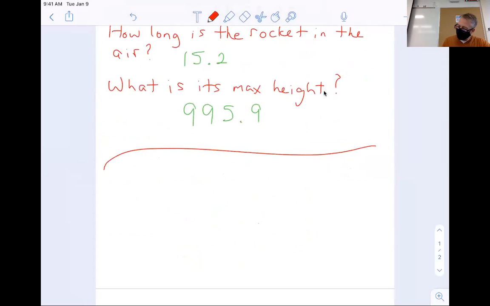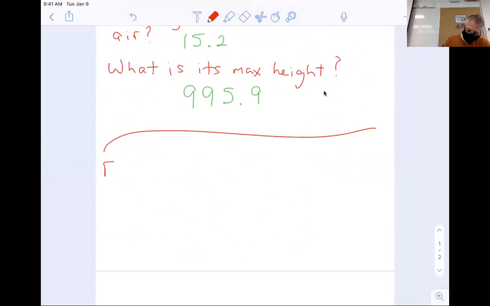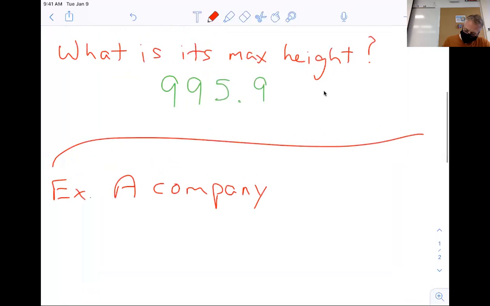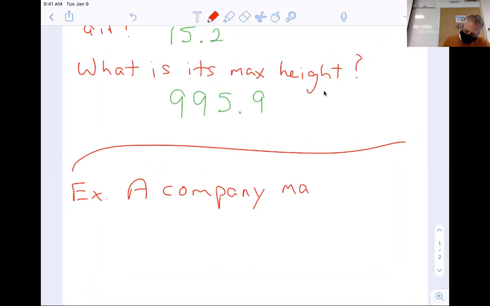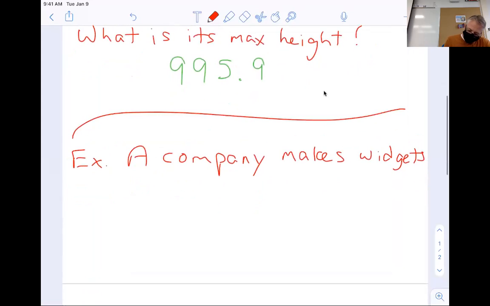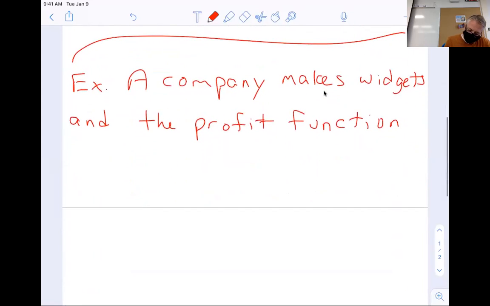So for our next example, a company makes widgets and the profit function is this.